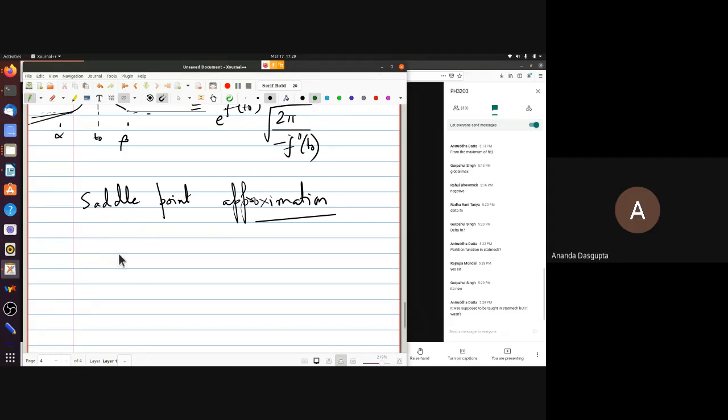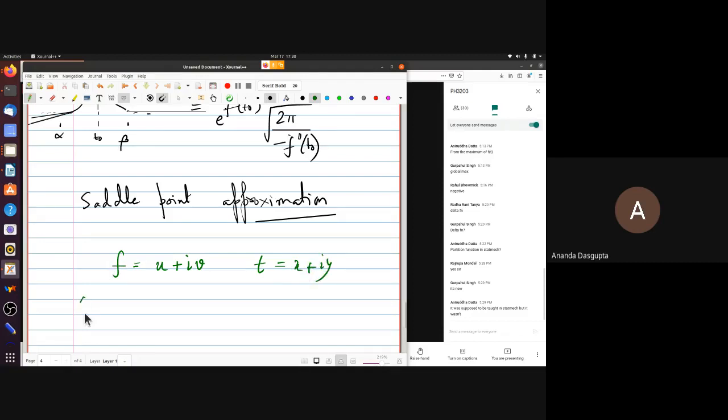Suppose you have a function f, and let's move away from this specific function that we are talking about. We are talking about a general situation, a function f, a complex function. So of course, you know that you can write this as something which has a real part and an imaginary part. And the argument t, which is a complex number, can be written again in terms of real and imaginary parts, x and iy.